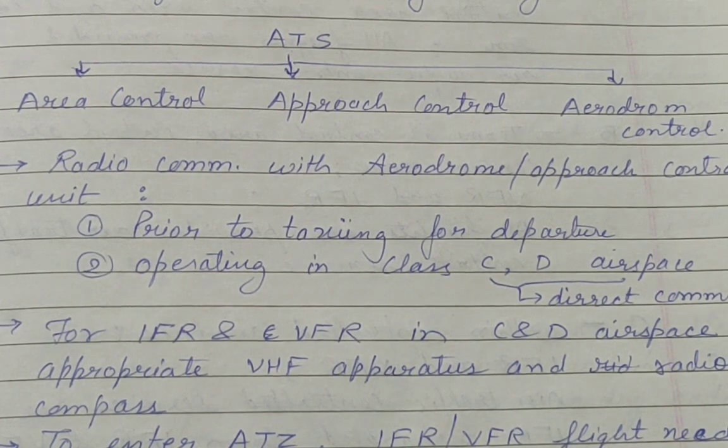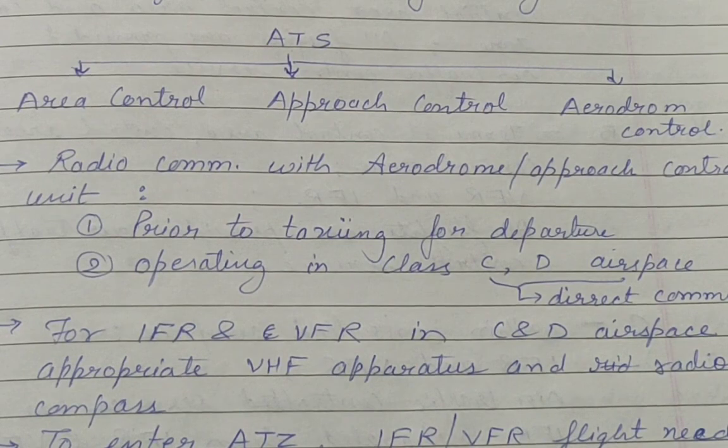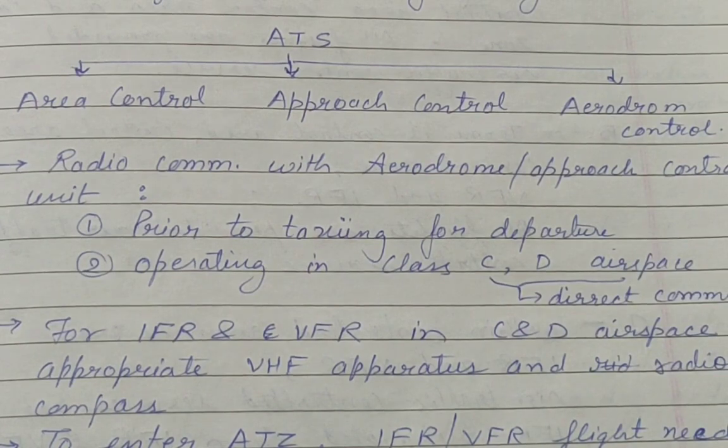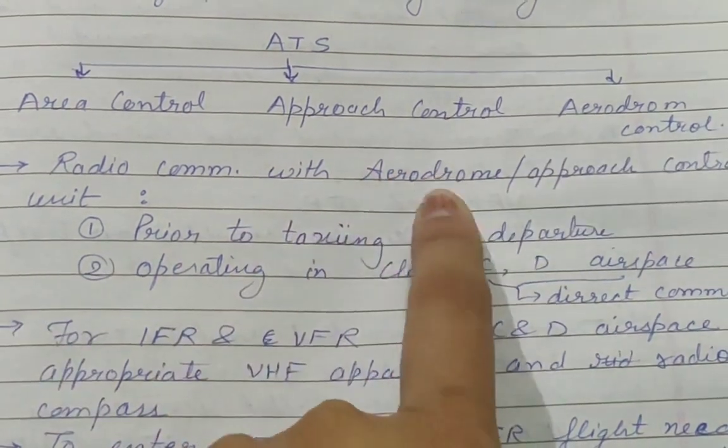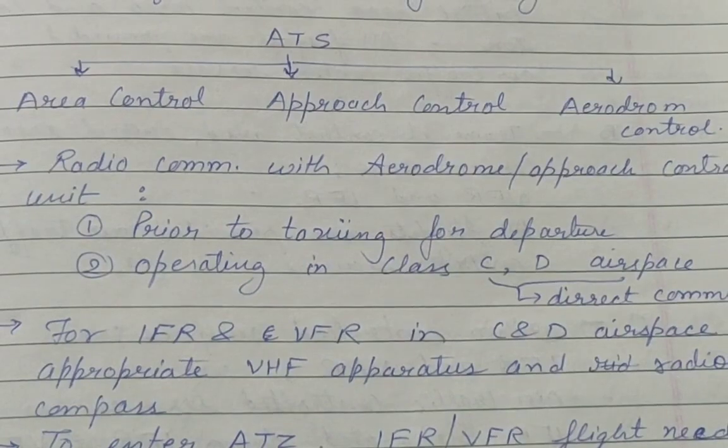So, moving on to radio communication. Prior to taxiing for departure, and also if you are operating in airspace C and D, you have to communicate directly with the approach and aerodrome control units.